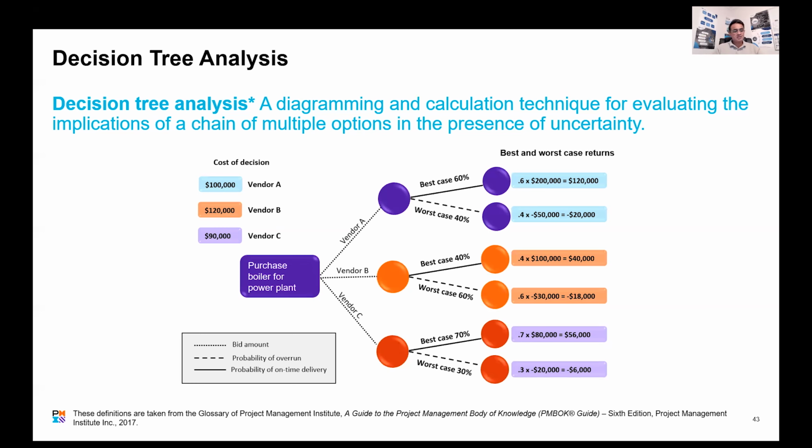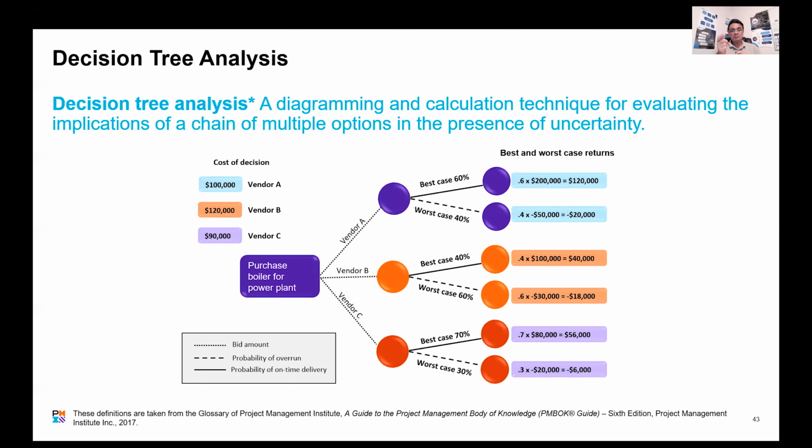In this case, the project team has gone and looked at the historical data, and they believe, based on the similar projects that vendor A has delivered, there's a 60% probability of delivering the work at 200K, right? So their bid is 100K, but there's a 60% possibility of them delivering it for 200K based on their historical information.